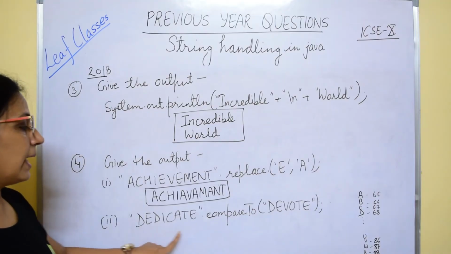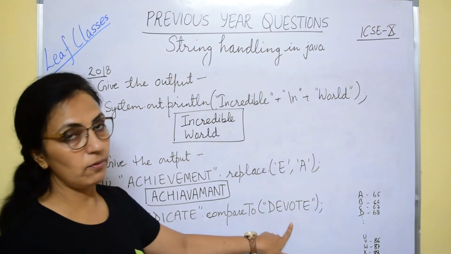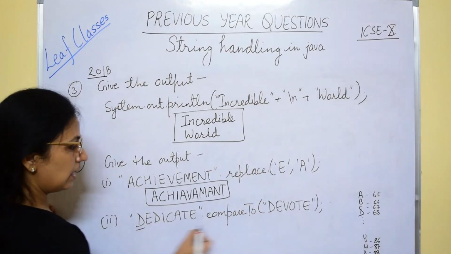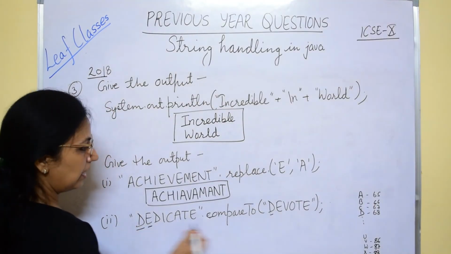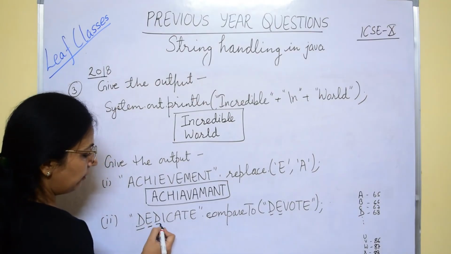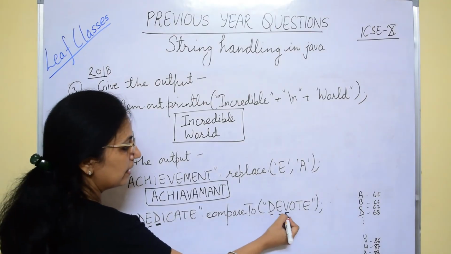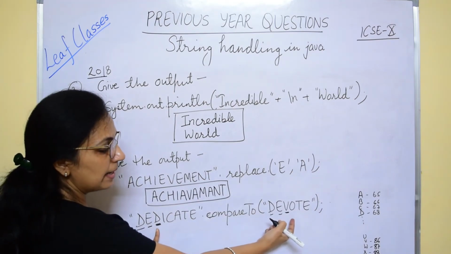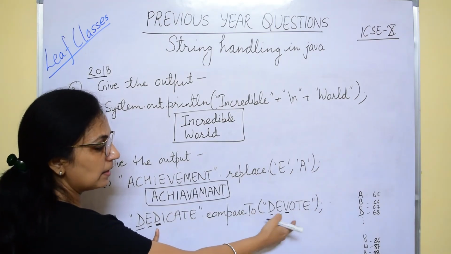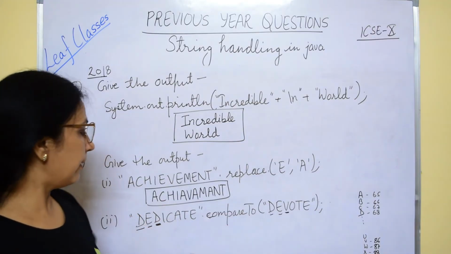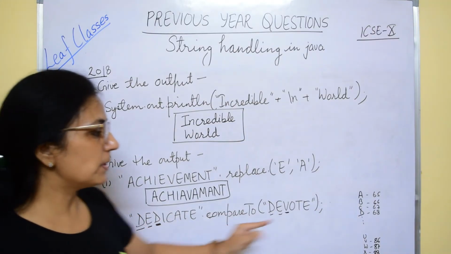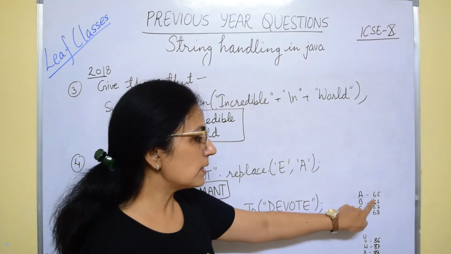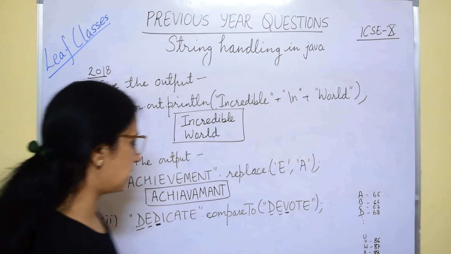Then we have dedicate dot compareTo devote. Previously also we have done this. Now this D is same, this E is same. The difference is here, this D and then this V. So from the first string the character ASCII value is subtracted by that of the second one. The ASCII value of capital D, you can write A, B, C, D: 65, 66, 67, 68.